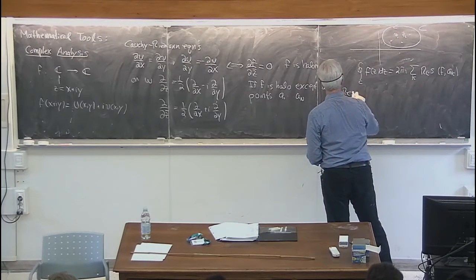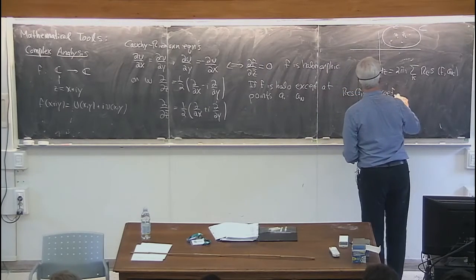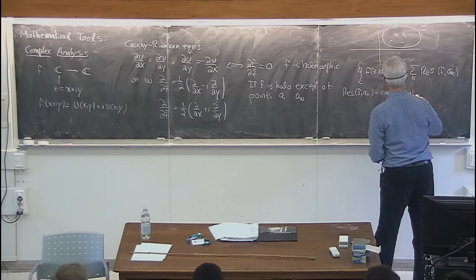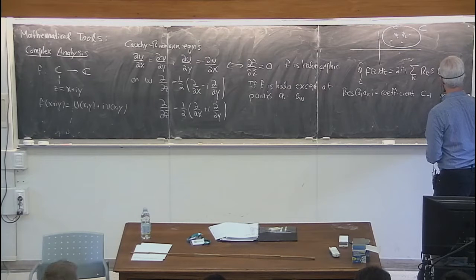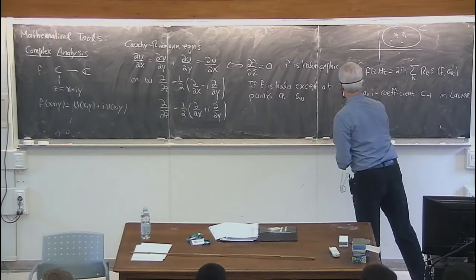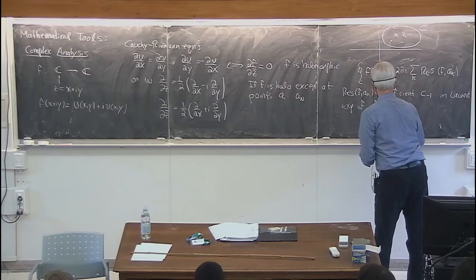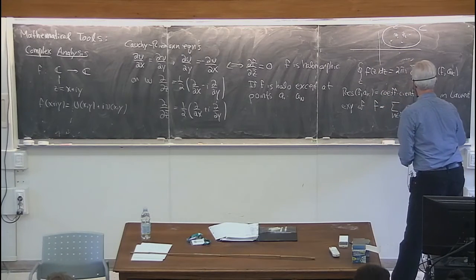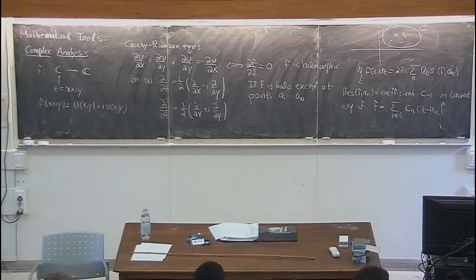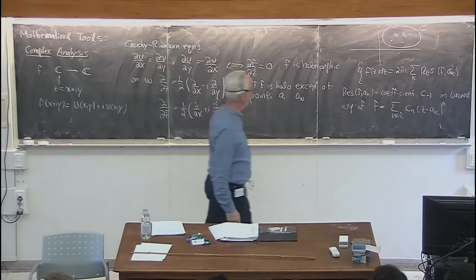And the residue of f at a point ak is the coefficient c minus 1 in the Laurent expansion of f about that point. And we're going to use this Cauchy residue formula many times in the analysis that we do.